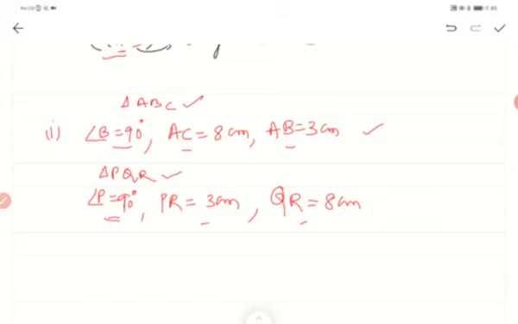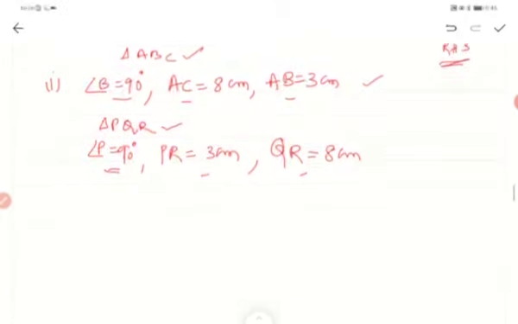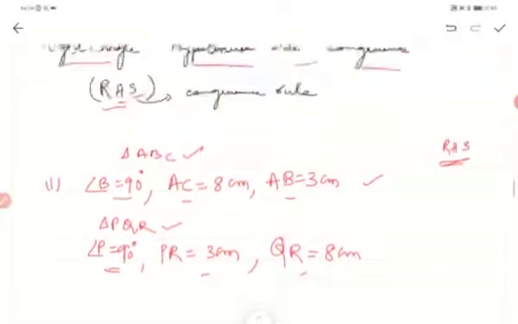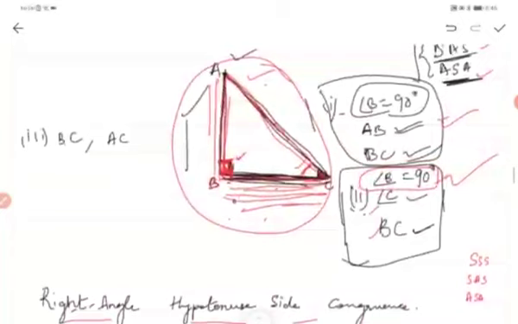Now let us see, using the RHS congruency rule, whether these two triangles are congruent or not. So what is the RHS rule? The 90 degree angle should be the same, the hypotenuse length should be the same, and the base.